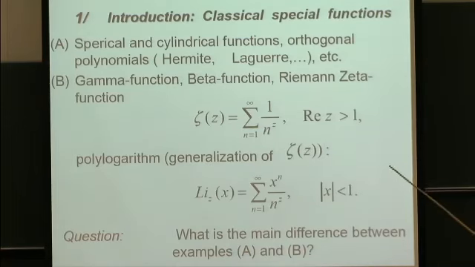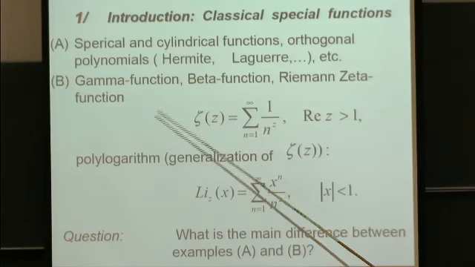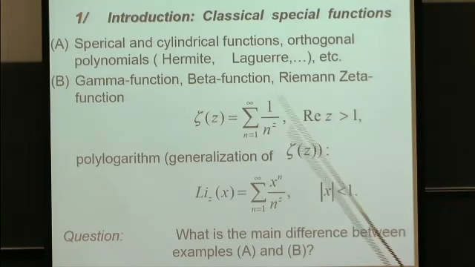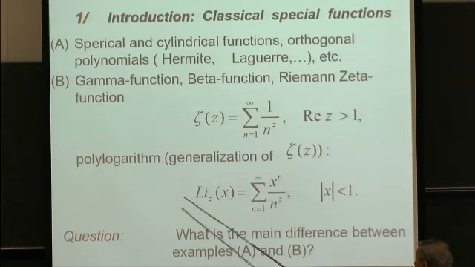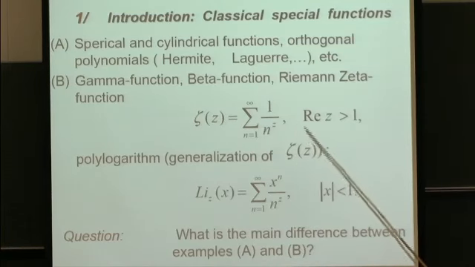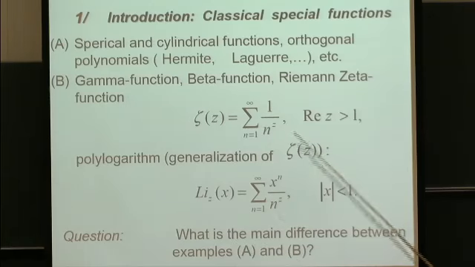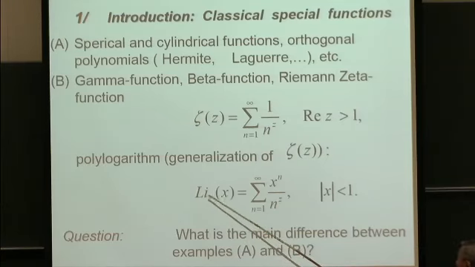And the second group, which we also use a lot, includes the gamma function and the beta function. The Riemann zeta function belongs to the same group, and so do various generalizations of the Riemann zeta function, for example the polylogarithm, which is denoted by Li_z(x), and it is simply the sum of x^n divided by n to the power z.